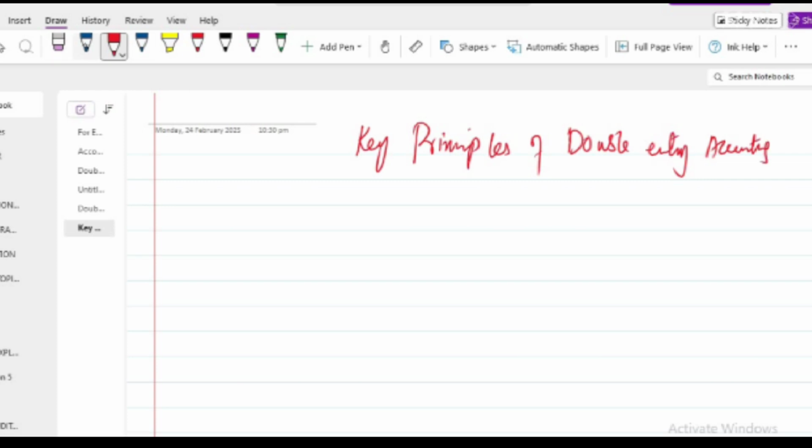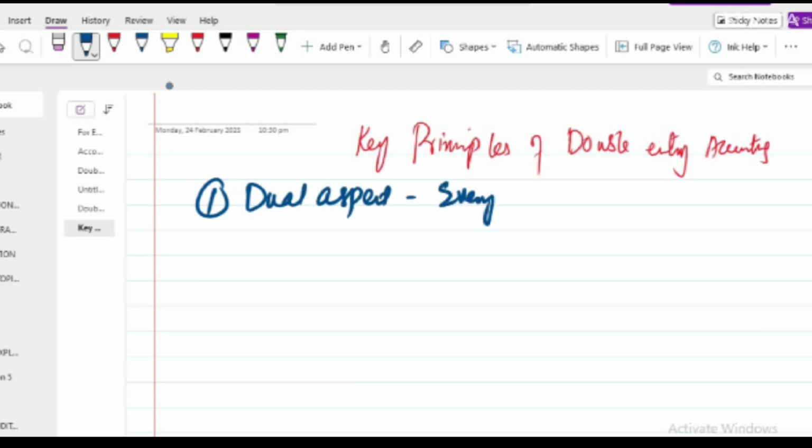We have three basic aspects. The first one is dual aspect. By this we mean that every transaction has two effects, that is debit and credit.